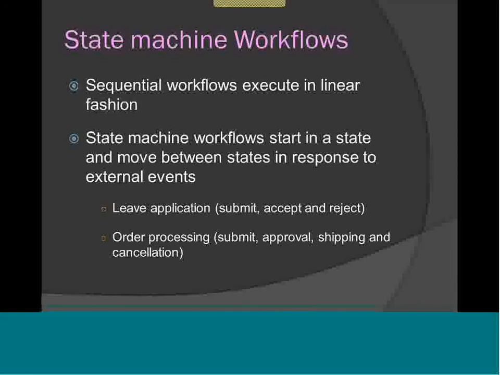When they ship the items as per your order, your order is in the shipping state. And if you want to cancel the order before or after shipping, then the order will be in the cancelled state. You can cancel the order anytime in this process.